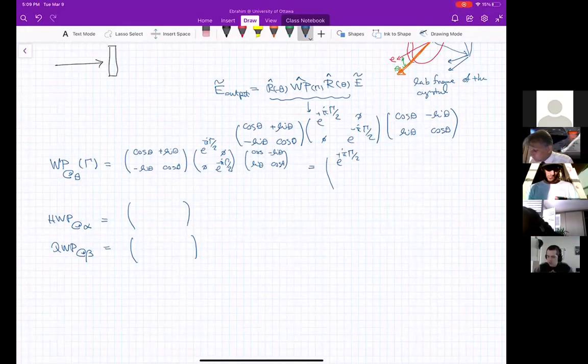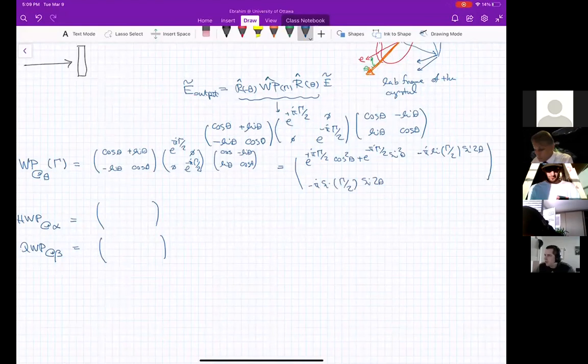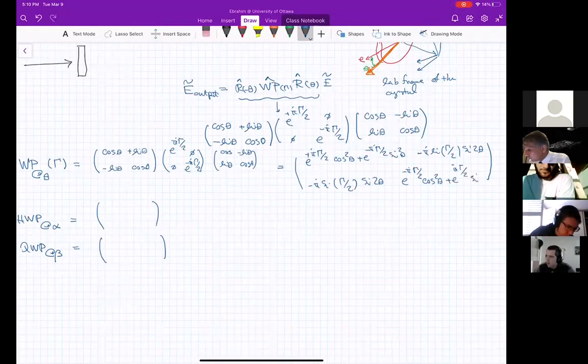Oh, let's go with positive, and then cosine square of theta plus e to the power of minus i gamma divided by 2 sine square of theta, then minus i sine of gamma divided by 2 and sine of 2 theta, and that one will be minus i sine of gamma divided by 2 sine of 2 theta, e to the power of minus i gamma divided by 2, yes, cosine square of theta plus e to the power of i gamma divided by 2 sine square of theta.